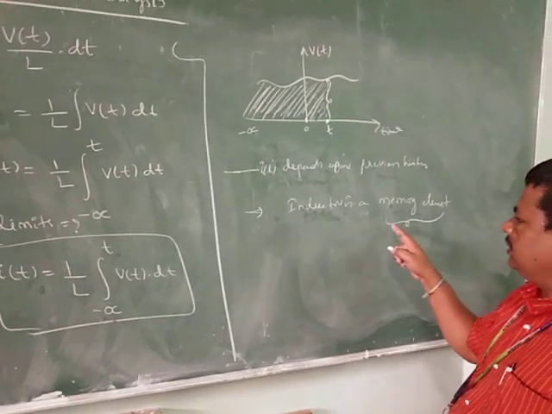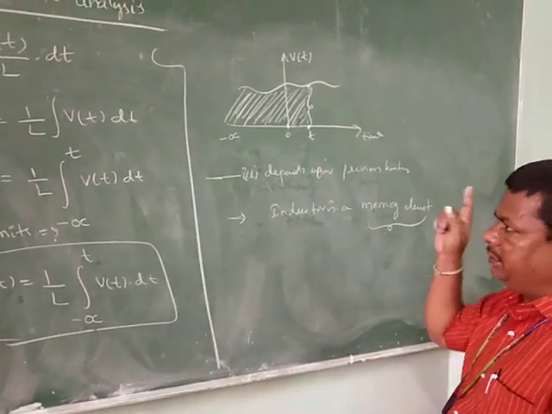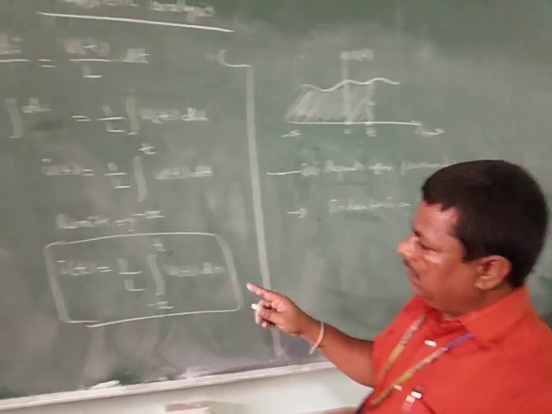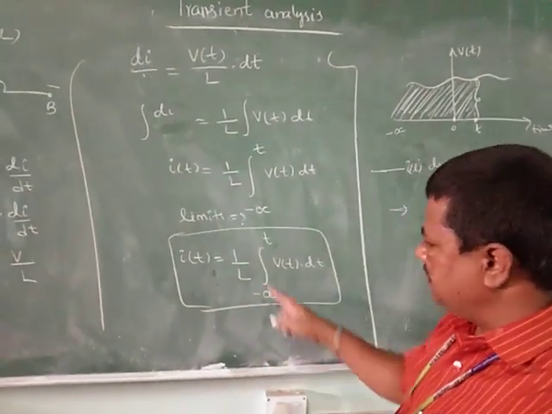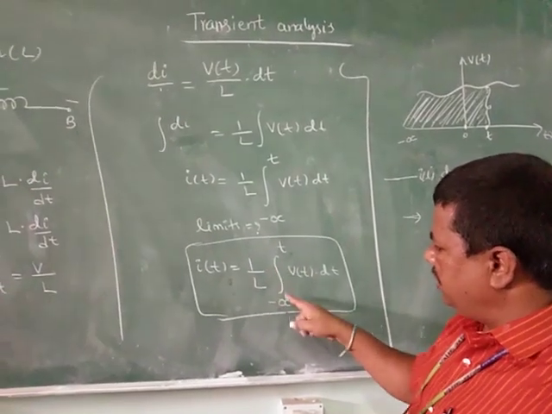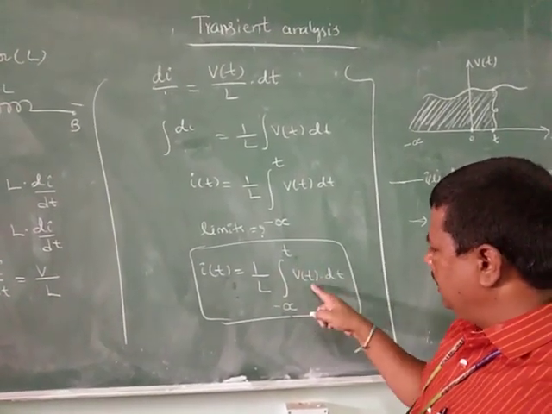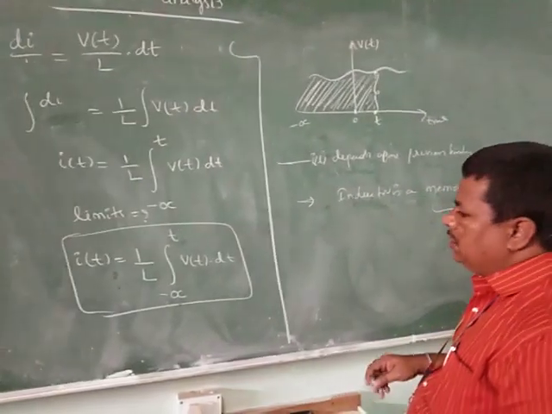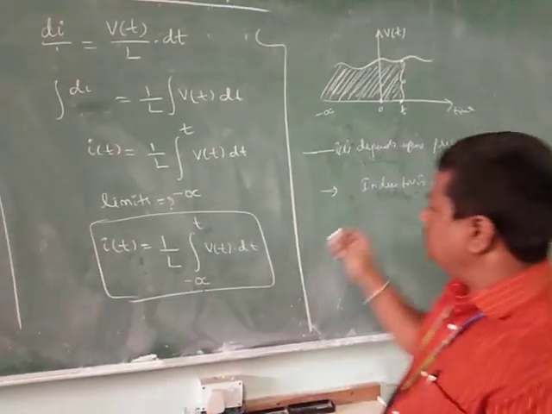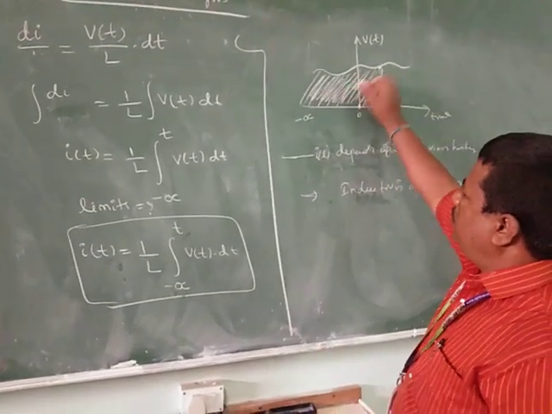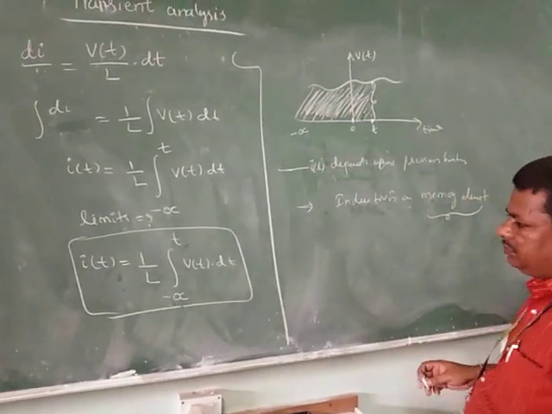So the inductor is a memory element. Once again, the relation between terminal voltage and current in an inductor is I of t equal to 1 by L integral from minus infinity to t of V of t dt. So the instantaneous current depends upon the previous voltages, right?